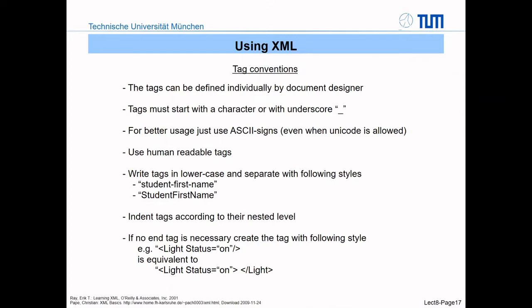Here you can then use just a start tag where this slash is at the end of the start tag. So like here, light status equal on, and then you have this slash. This reduces the size of the format a little bit.